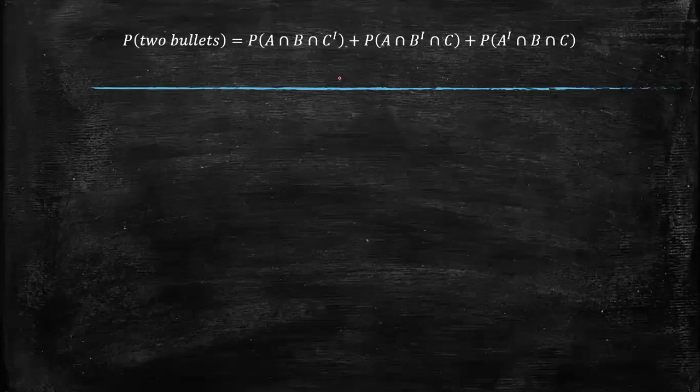That is one option. Another option is A and C are going to hit while B misses. Then the last option will be A misses and then the monkey is hit by B and C. Is that clear? Yes, teacher. Good.